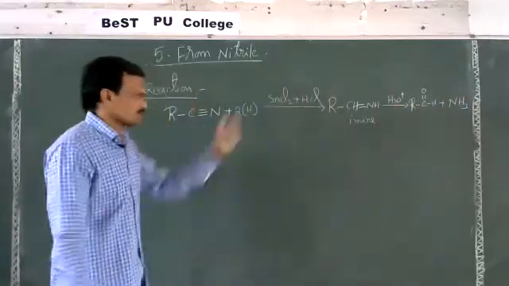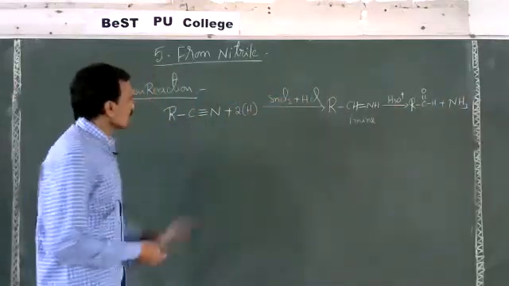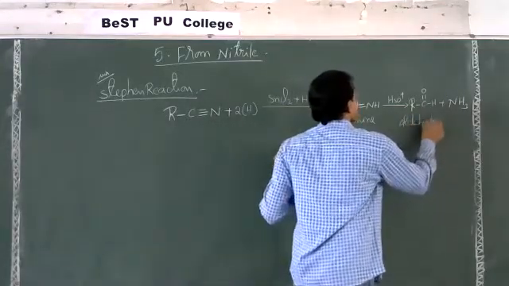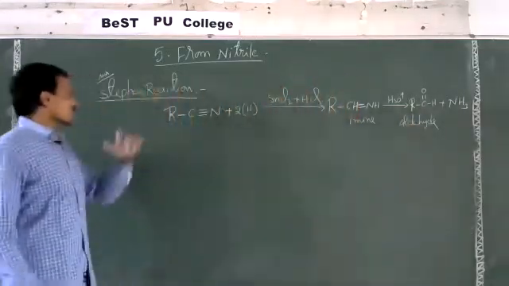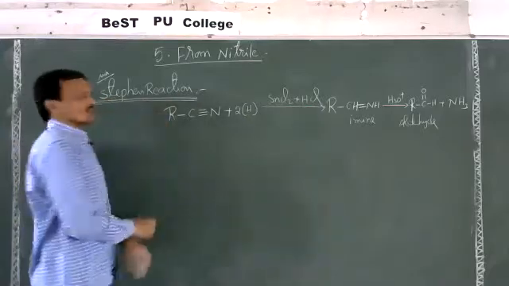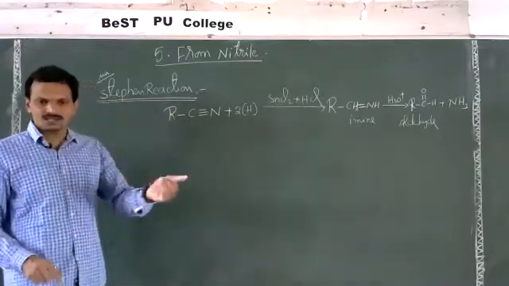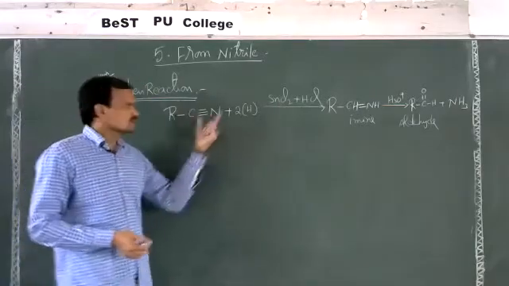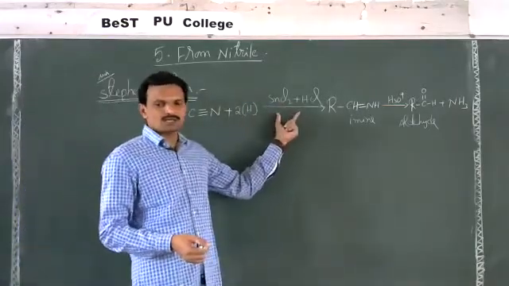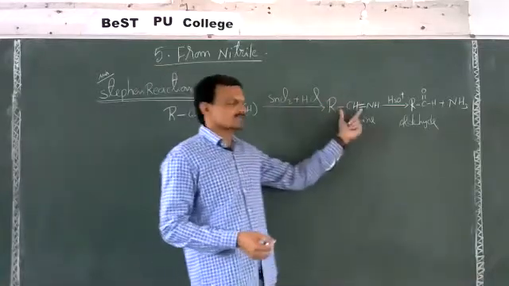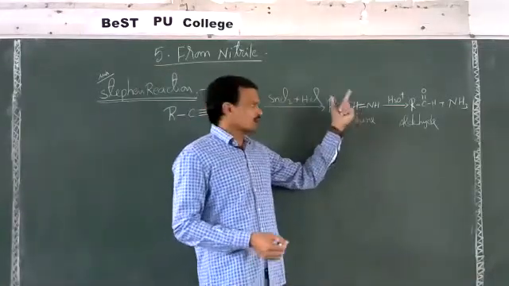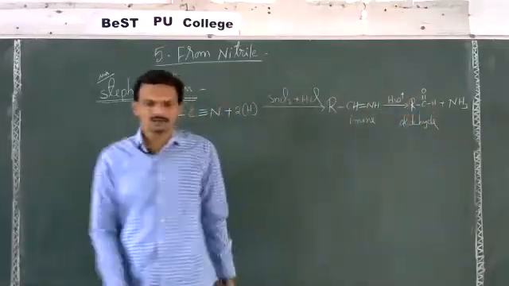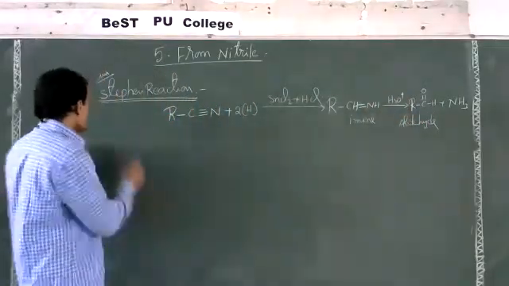Simple. This is not the exact mechanism, it is a simple method I am describing here. So you can get aldehyde. This reaction is known as the Stephen reaction or Stephen reduction, both are the same. So reduction of nitrile in the presence of SnCl2 plus HCl first gives an imine, and this imine on hydrolysis gives an aldehyde. Okay, let us take an example here.